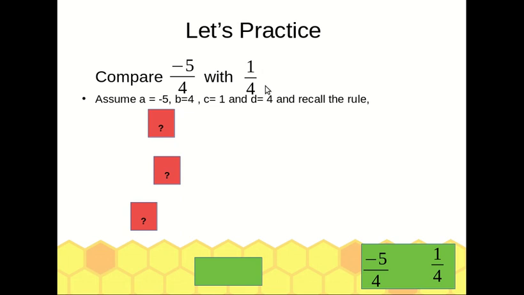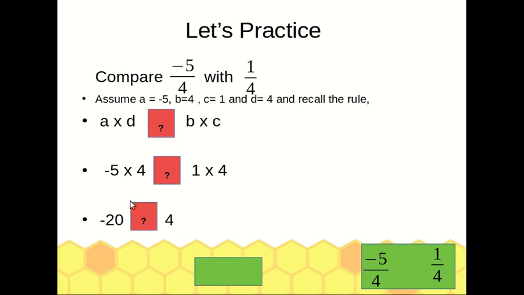Means first we have to do the cross multiplication, means minus 5 and 4 we are multiplying, and 1 and 4 we are cross multiplying, means minus 5 into 4 and 1 into 4. We have to check whether they are less, equal or greater. Let's do it.